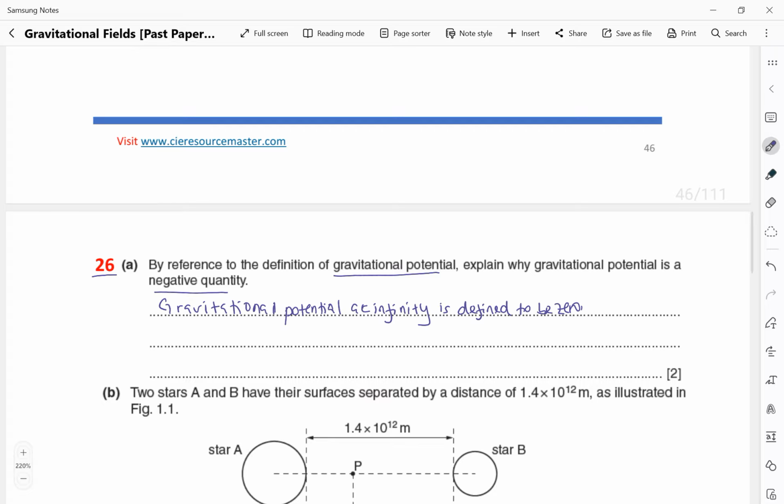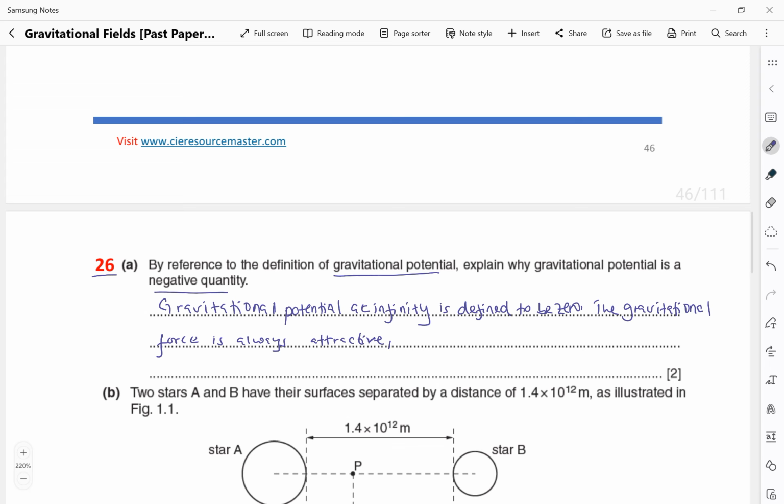We also know that the gravitational force is always attractive.